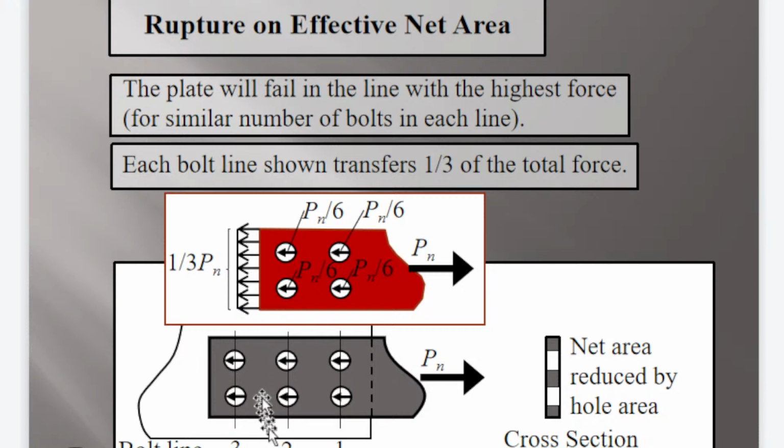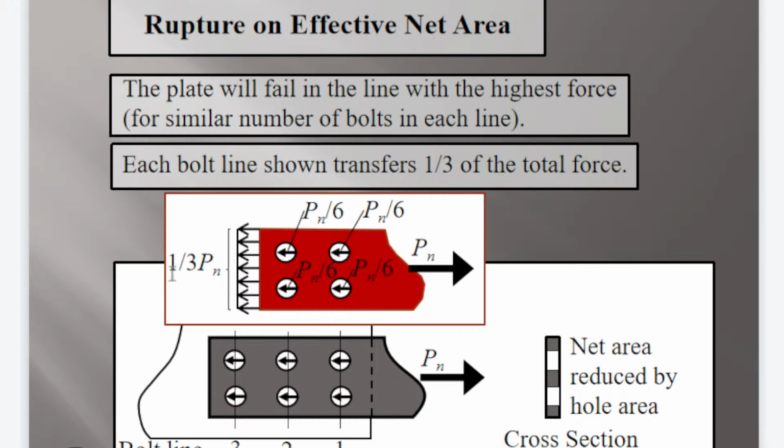If you cut the element here, and here, and now here, the remaining load is only 1/3 of the tensile load, because there are already 4 bolts that take care of the 2/3 of the load. That's why only 1/3 is left.